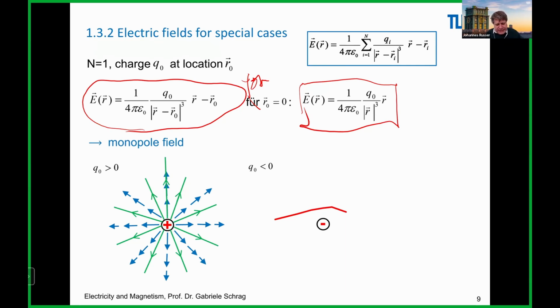You see the difference here in the blue case. This vector here has a large magnitude, and as you go further out, the reducing magnitude is shown by a shorter vector. Here in the field line concept for visualization of the vector field, the magnitude is given by the density of the lines.